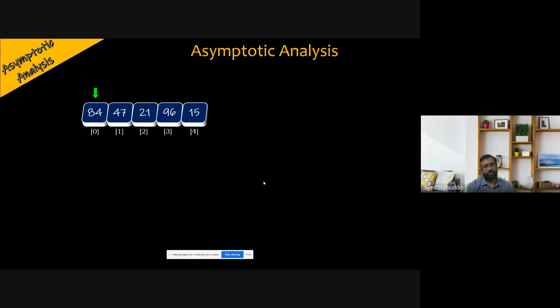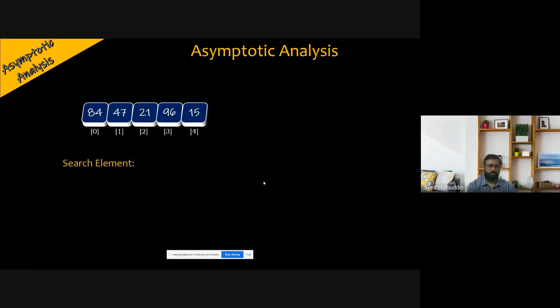I start with the first element and check whether it is there or not. Go to the second element, check whether it is there or not. Third, and so on, till the last element, until I find that element or that element is not present in my collection. So if there are n elements, I search each one till the last nth index.